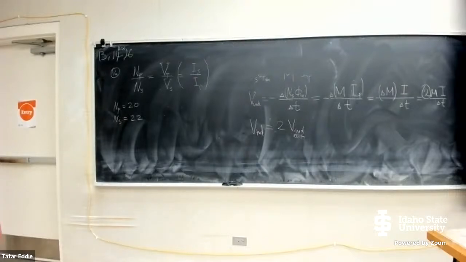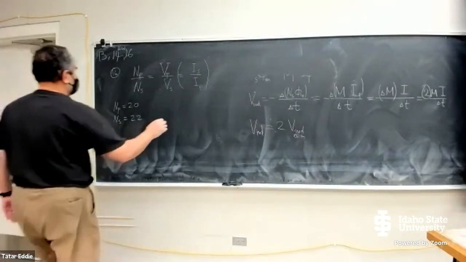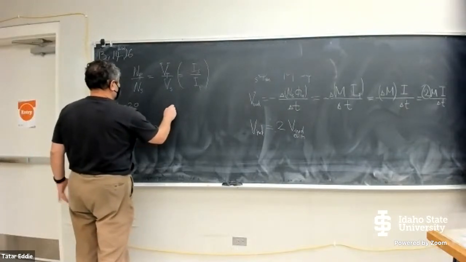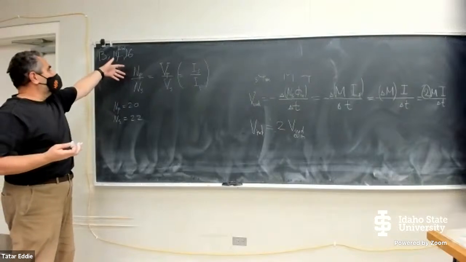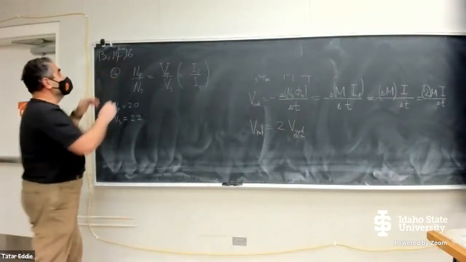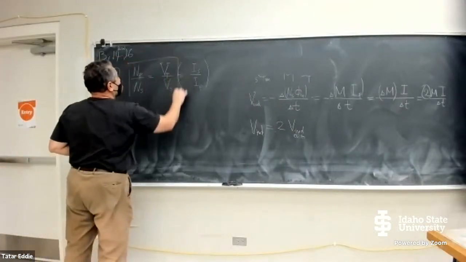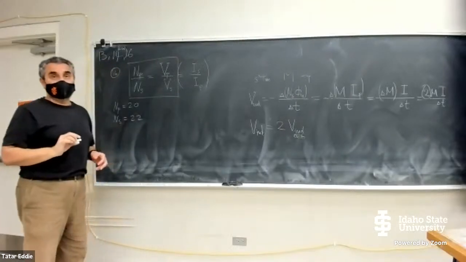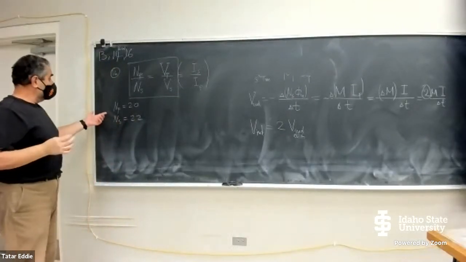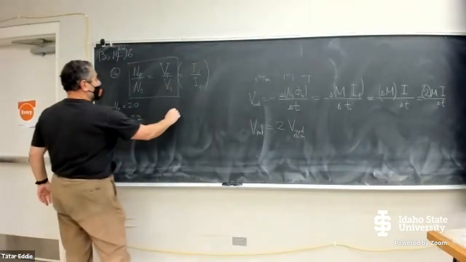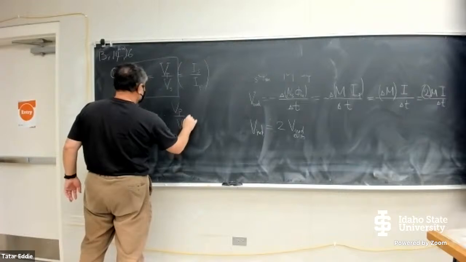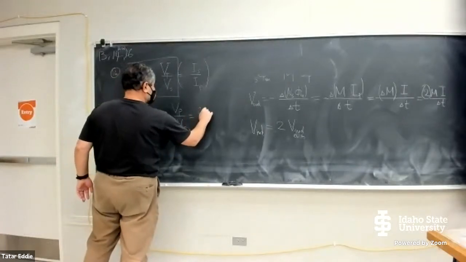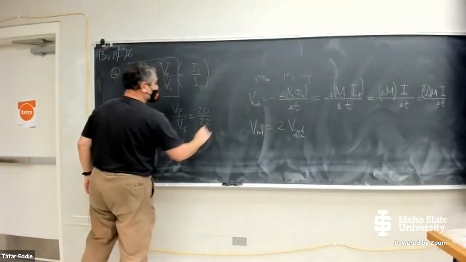Which means that you can practically... the analytical expression that gives you the answer is this one. But for our case, I'm going to have the voltage in the primary divided by the voltage in the secondary equal to 20 divided by 22.